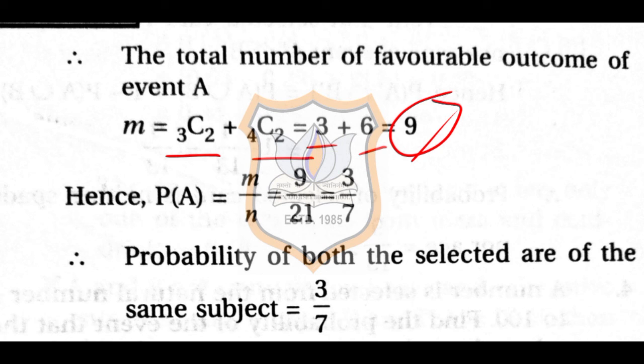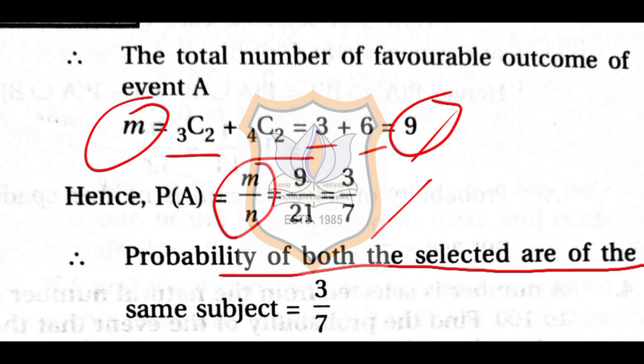So what is 9? It is M. What is the formula for probability? M upon N. So what would be your answer? 9 upon 21. And 9 upon 21 is 3 by 7. So probability that both the books selected are of same subject is 3 by 7.